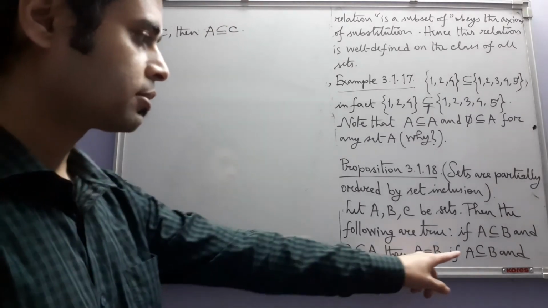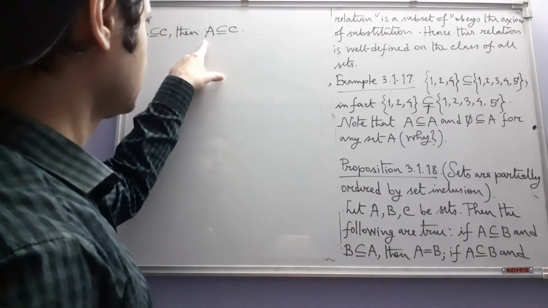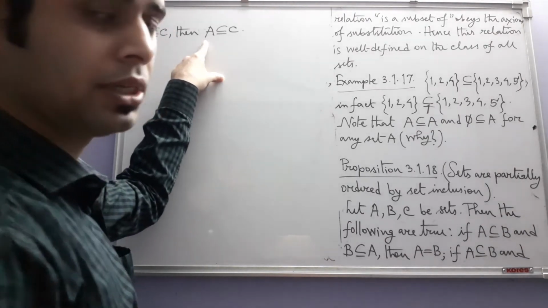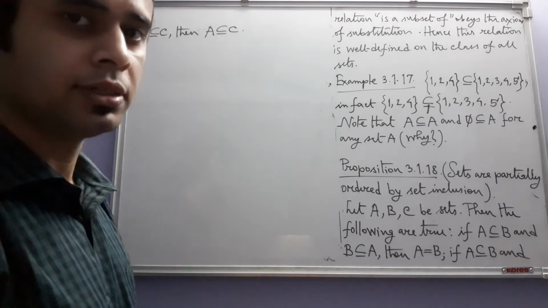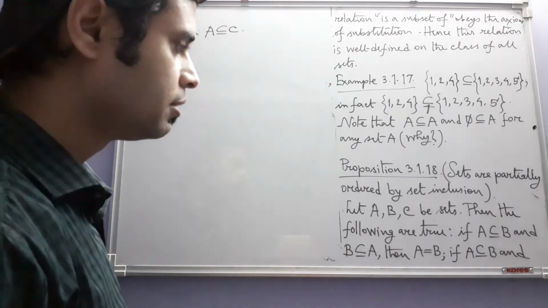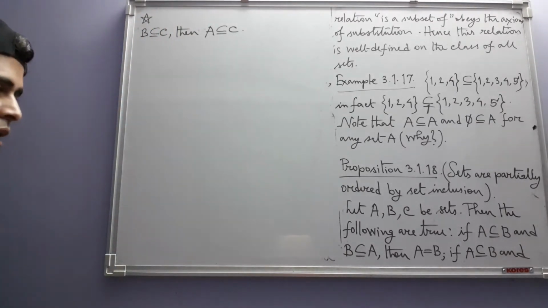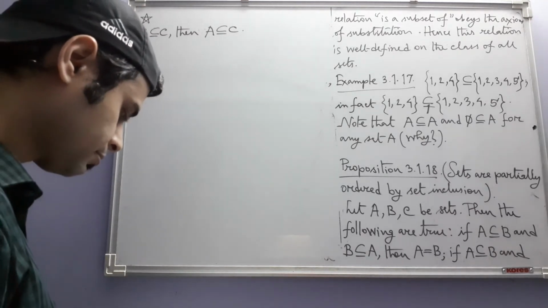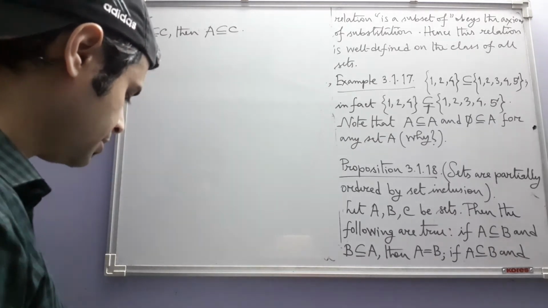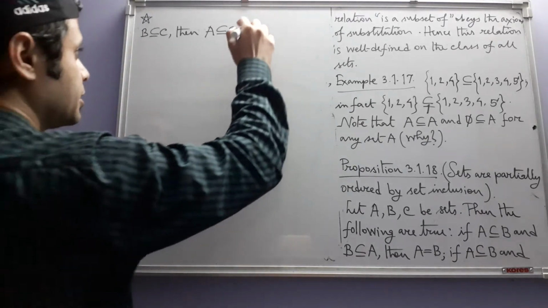You may recognize this condition as the one we had when we discussed equality of sets, namely transitivity. We will see general discussions about these things later on. Now this is an exercise.